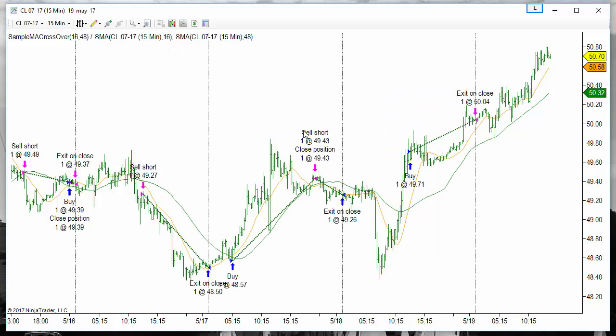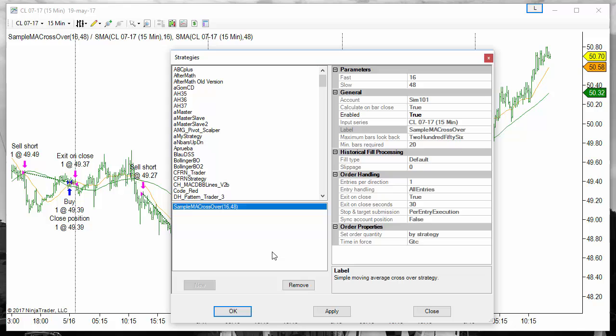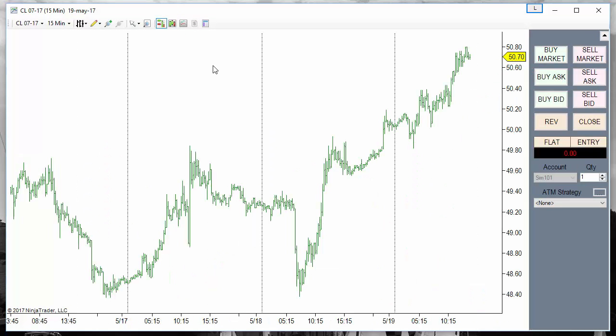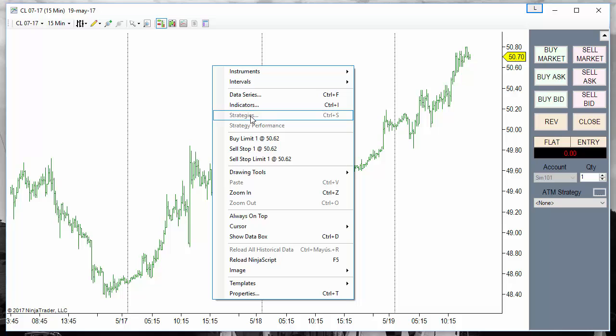If we want to optimize the settings to use them on the following trading week, first I will remove the strategy. As we know, if we have a chart trader enabled on the chart, it is not possible to add a strategy.